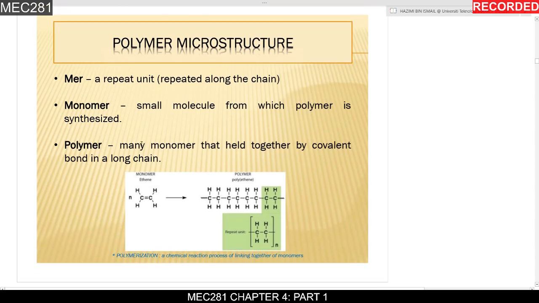Polymer is many monomers held together by covalent bonds in a long chain. So poly means many, right? Mono means single.